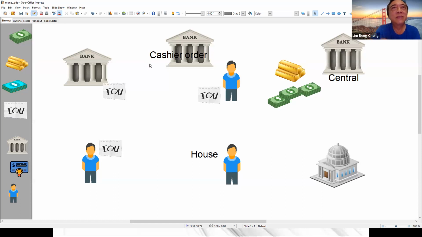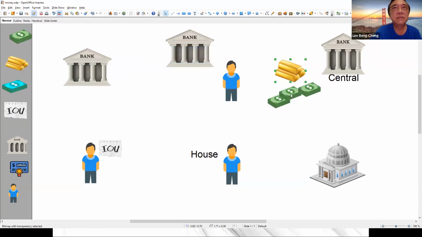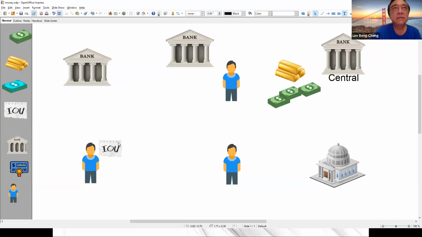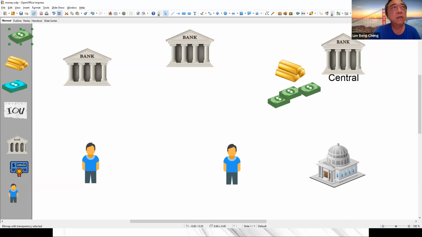Okay, so now we can do another example. If, for a layman, he has the money, then he pays his worker for the work done.